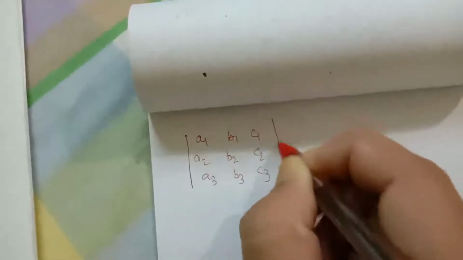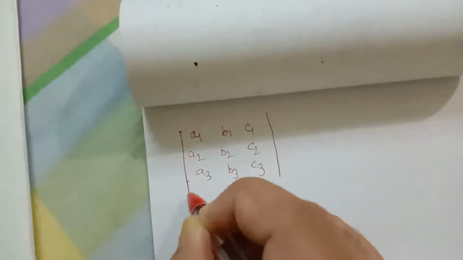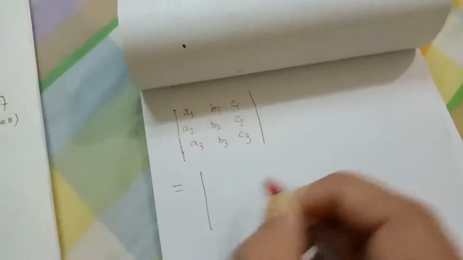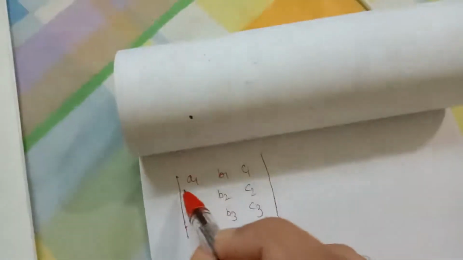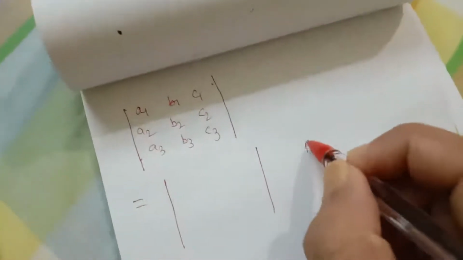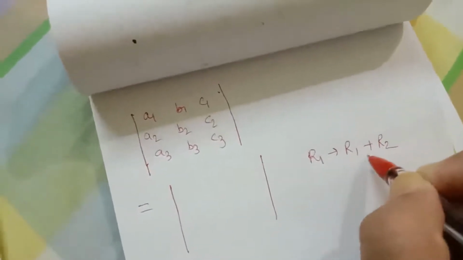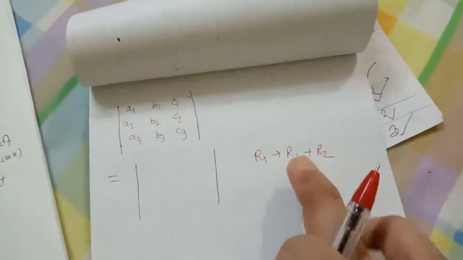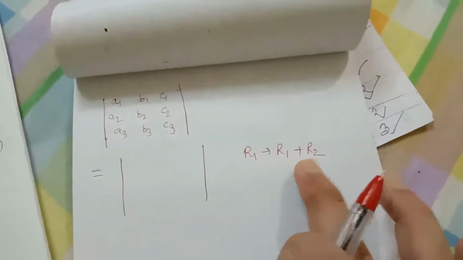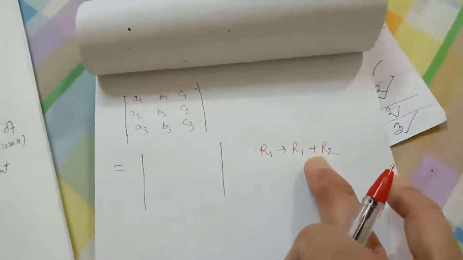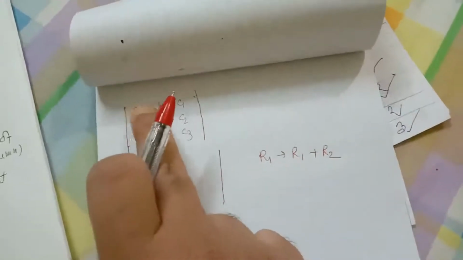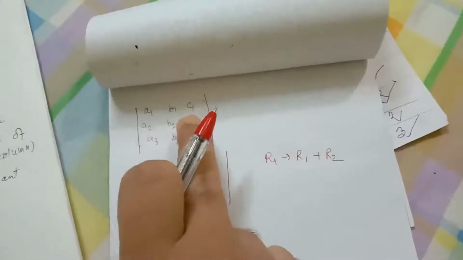Now to bring zeros, what we can do? We can add any two rows, that is with R1 we can add another row, say R1 plus R2, one time elements of R2. Here R1 plus k, this is also of the form R1 plus k R2, but here k is 1. We can add with the elements of any row, we can add another row.